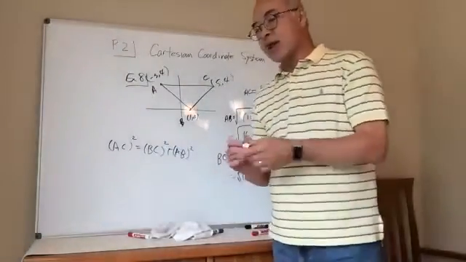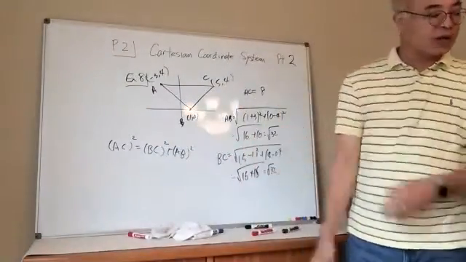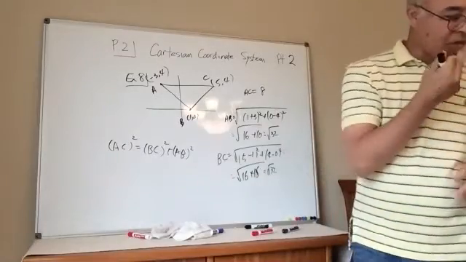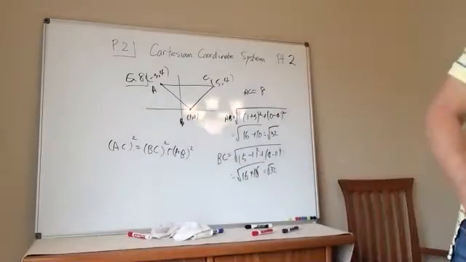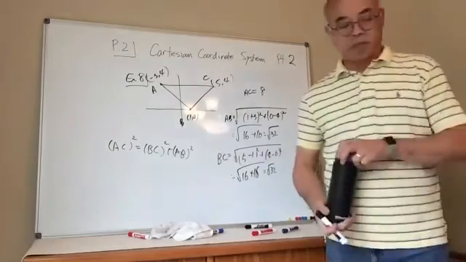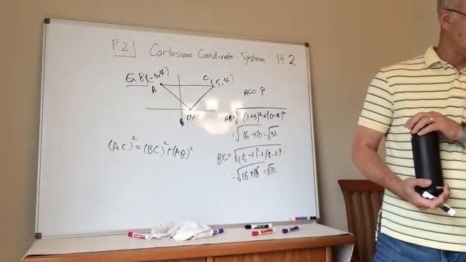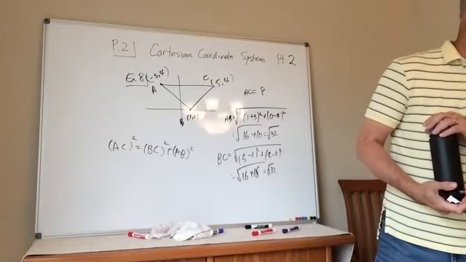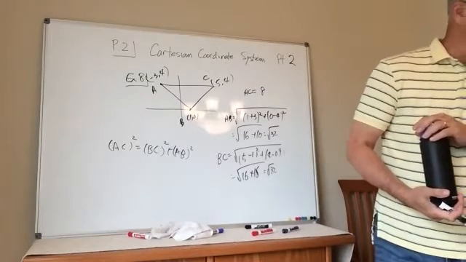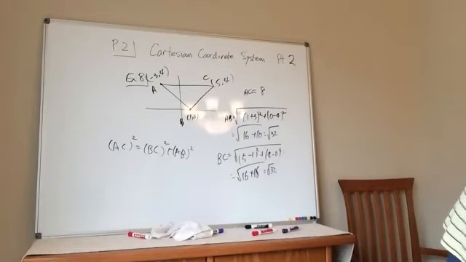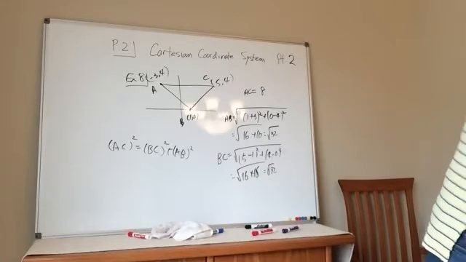Not only is it a right triangle, what kind of right triangle is it? Anybody? Sam. Hello, Sam? Unmute yourself, Sam. What kind of right triangle is this?